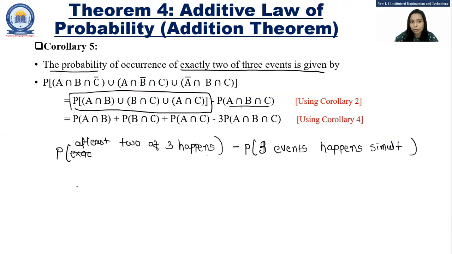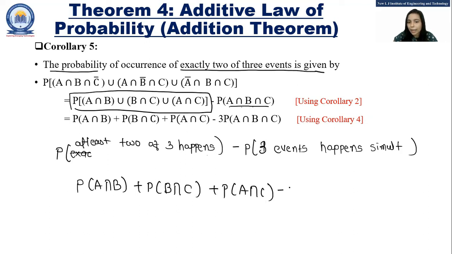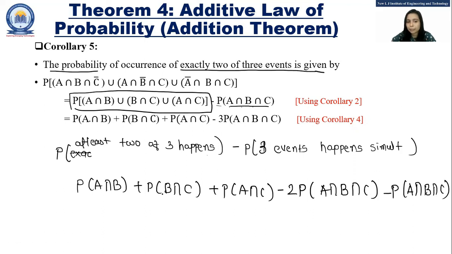That is P of A intersect B plus P of B intersect C plus P of A intersect C minus 2 into P of A intersect B intersect C, and this is additive, so minus P of A intersect B intersect C. So we can write P of A intersect B plus P of B intersect C plus P of A intersect C, minus 2P minus P, so minus 3P of A intersect B intersect C, using the corollary.